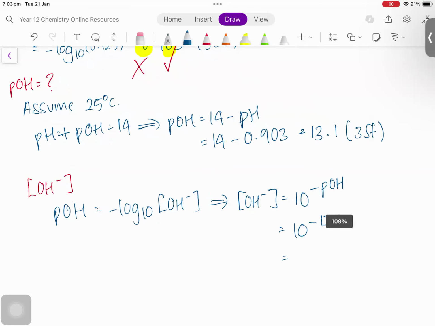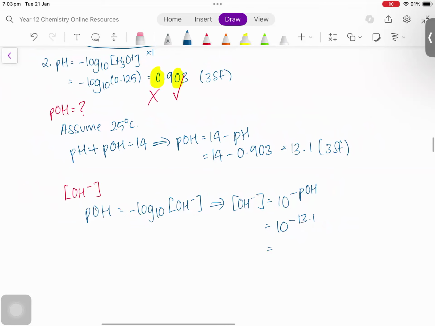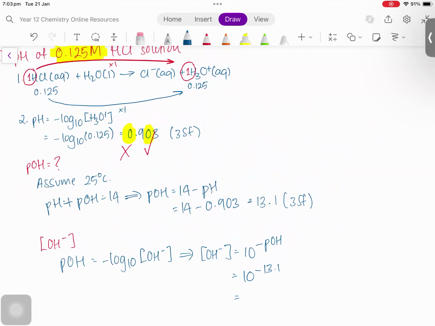What do you get for OH minus when you pop it in the calculator? 7.94 times 10 to the minus 14. Thank you, Celine. 3 sig figs.